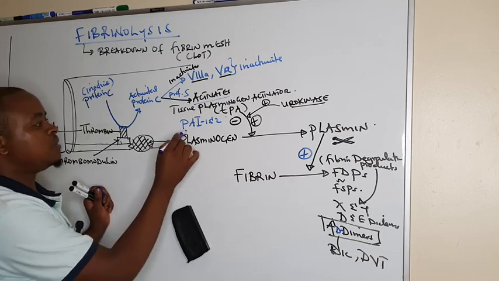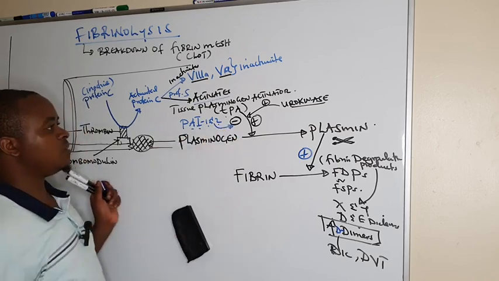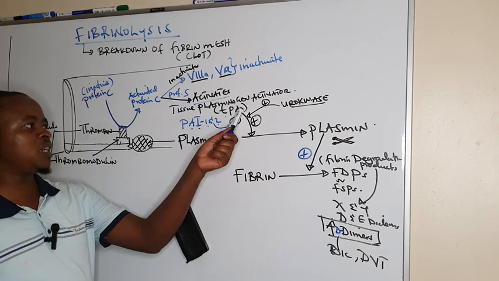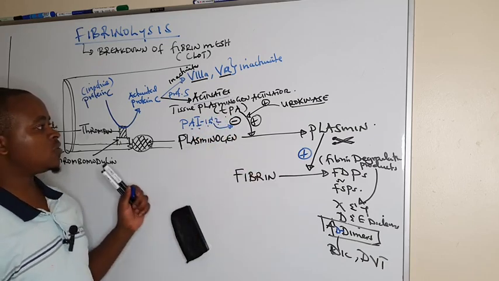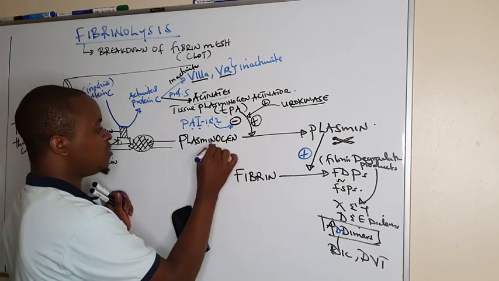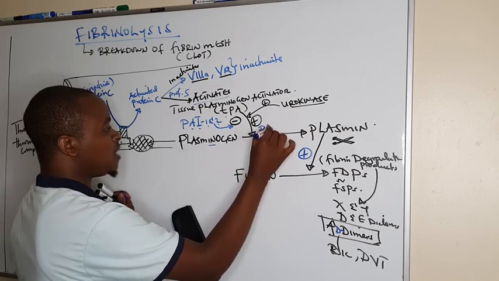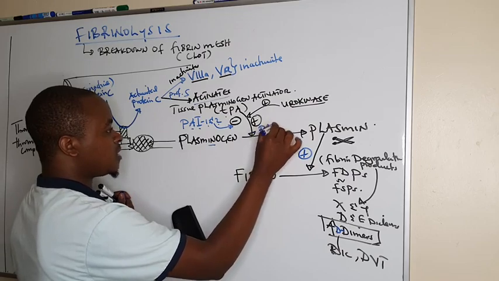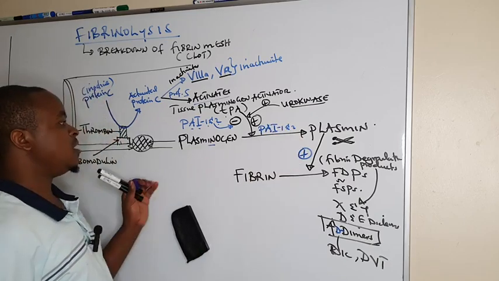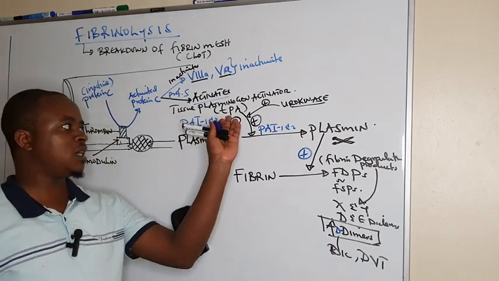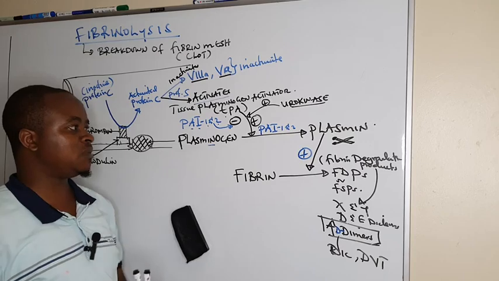So plasminogen activator inhibitor 1 and 2 is responsible for inhibiting tissue plasminogen activator from converting plasminogen to plasmin. So this process of converting plasminogen to plasmin is inhibited by plasminogen activator inhibitor type 1 and type 2. They inhibit tissue plasminogen activator or urokinase from converting plasminogen to plasmin.